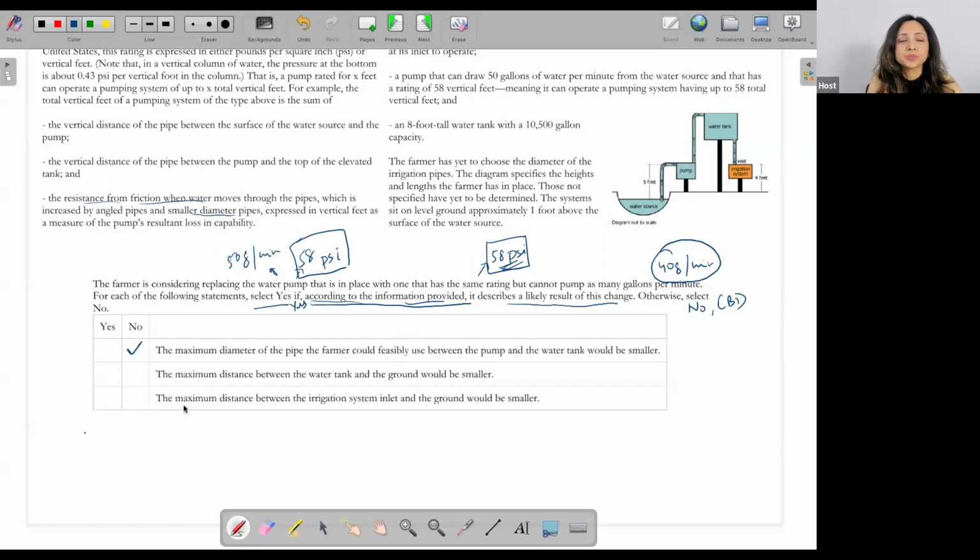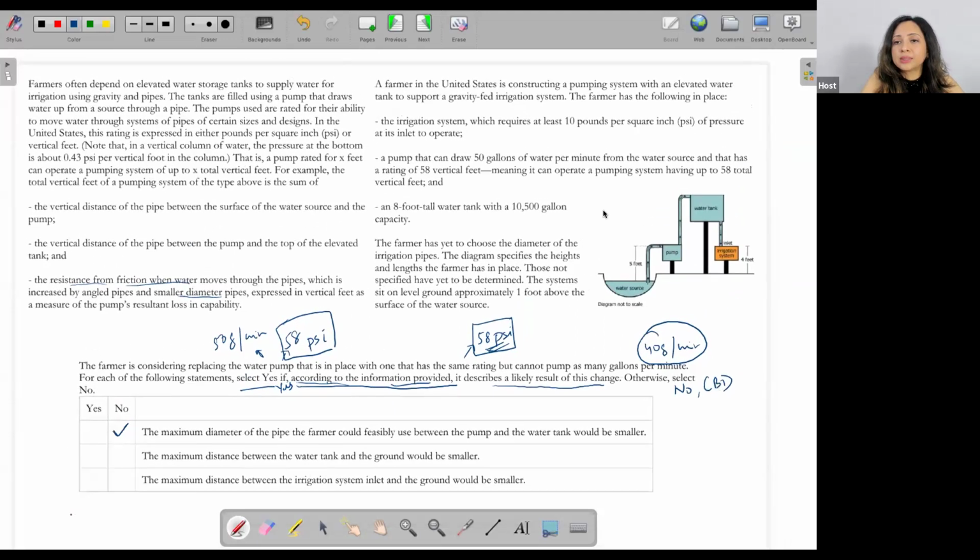Look at this one, the maximum distance between the water tank and the ground would be smaller. So they're saying that this entire distance from this water tank to the ground should be smaller. Again, this is a relevant quantity when we are talking about the rating.